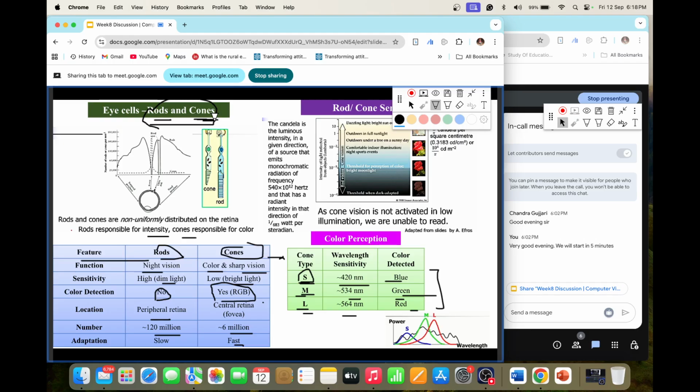In terms of sensitivity, the rod cell is highly sensitive to dim light, whereas the cone cell has low sensitivity and responds to bright light. These are some basic things you should always remember.